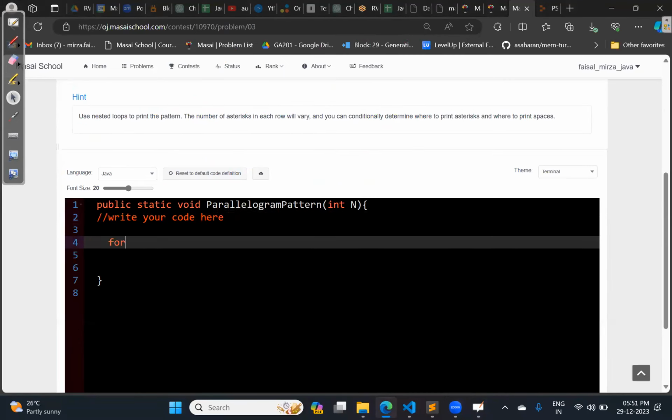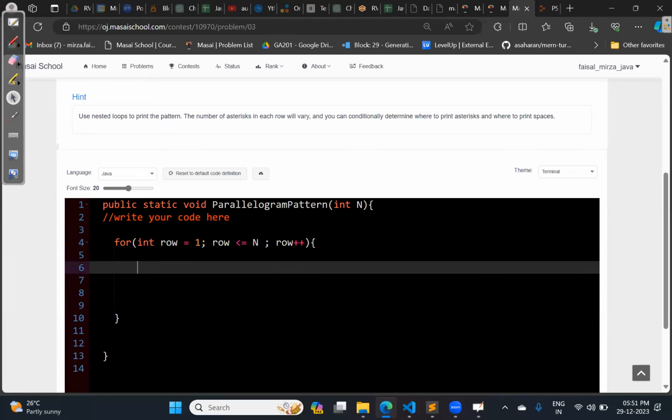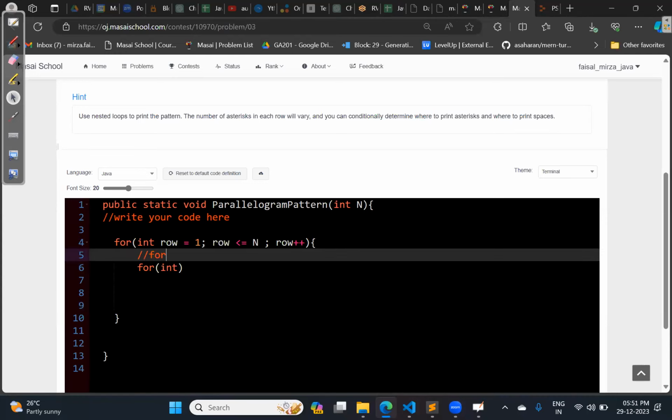So the outer for loop is for the number of rows. They are starting from row equals to 1 till row is less than or equals to n, then row plus plus. Then the first for loop I am writing is for printing the spaces.